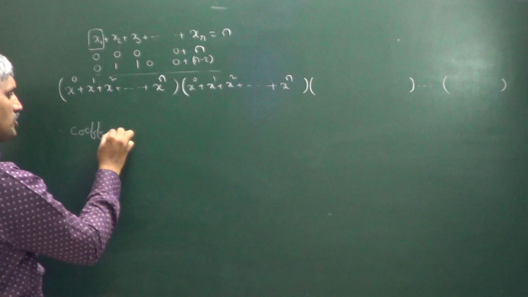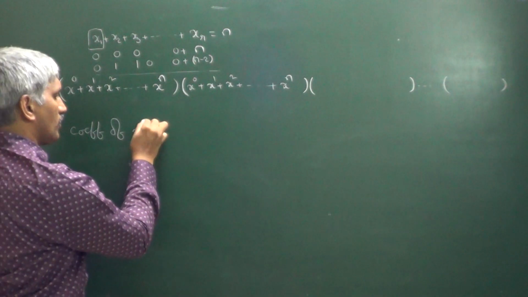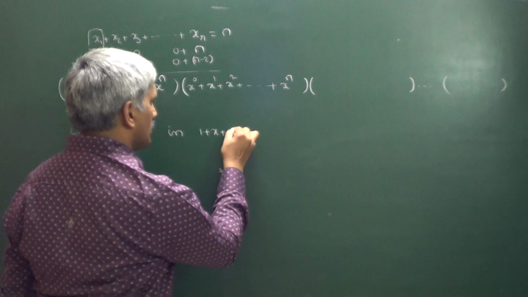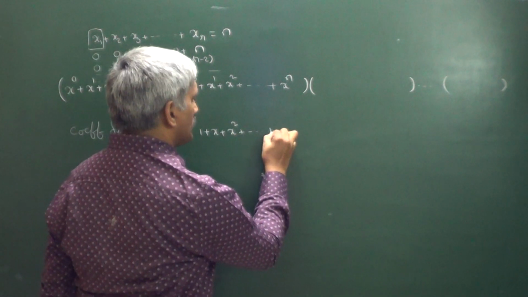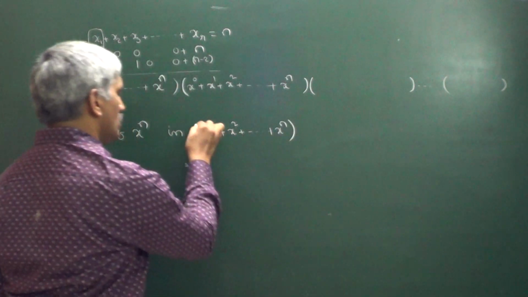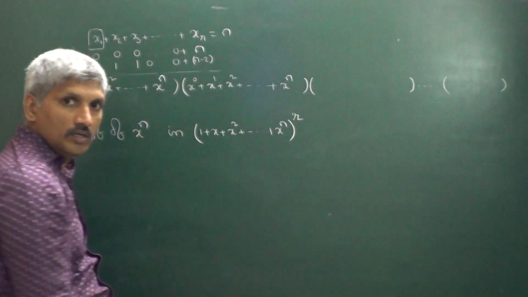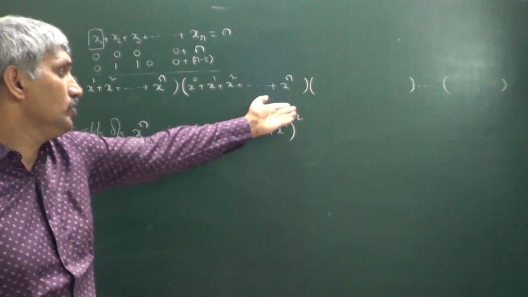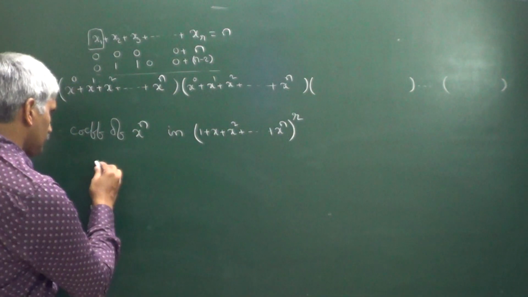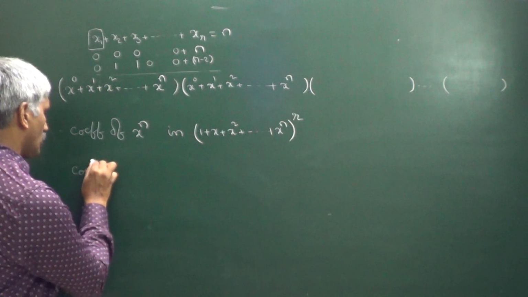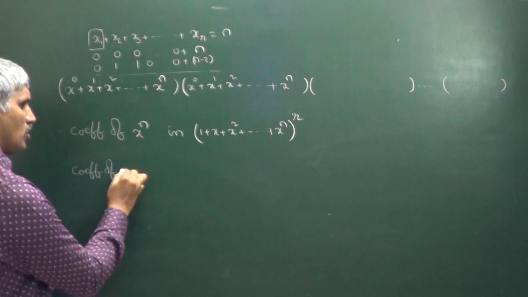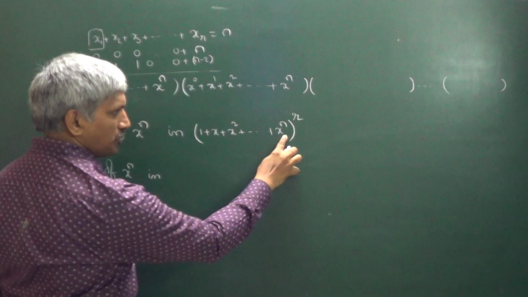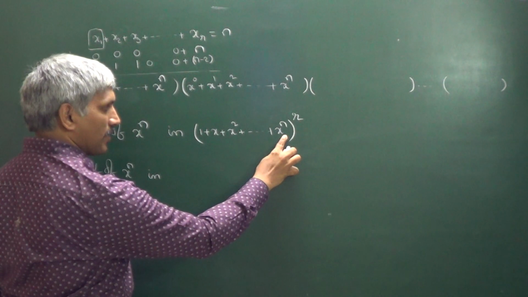That means we have to find out the coefficient of x to the power of n in (1 plus x square plus and so on plus x power n) whole to the power of r, because the same type of r brackets are there. That's why we got whole to the power of r. That means we have to find out the coefficient of x to the power of n in this GP of n plus 1 terms.